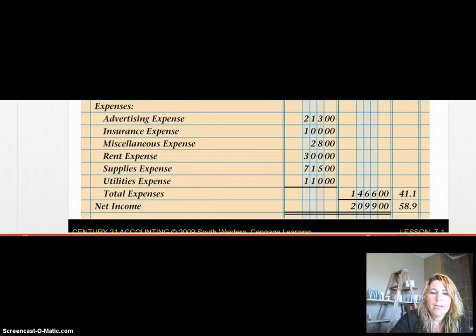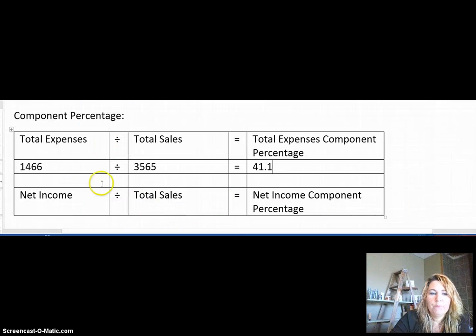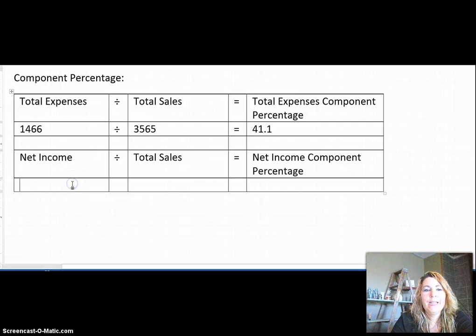So let's go ahead and go back and do the net income percentage. Same thing. Our net income. So our net income was, according to what we put on our balance sheet, $2,099.